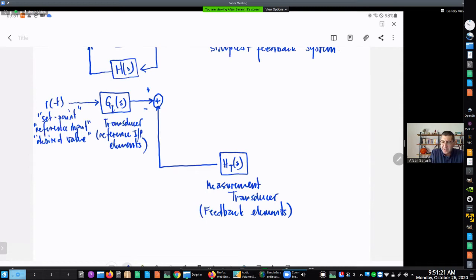So what happens is that here we have E of t, which we call the error signal. The error goes through a block which we call the controller.